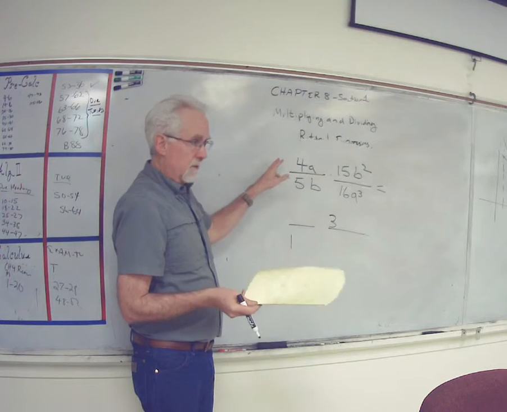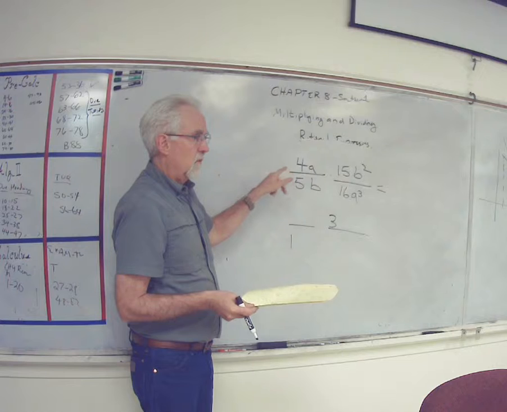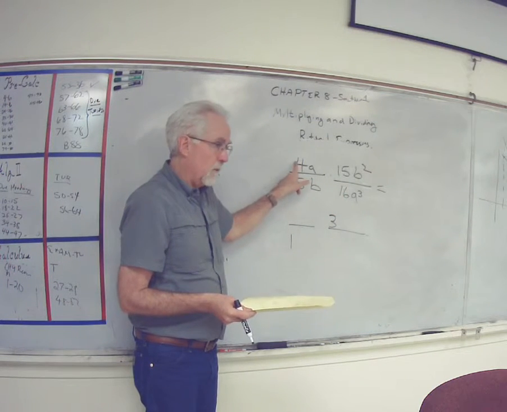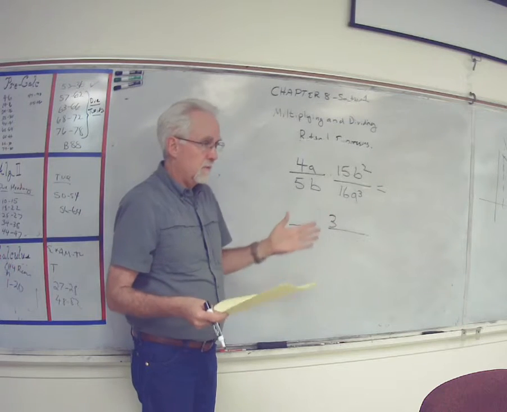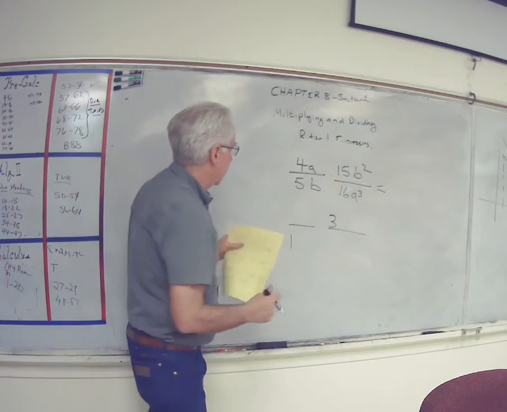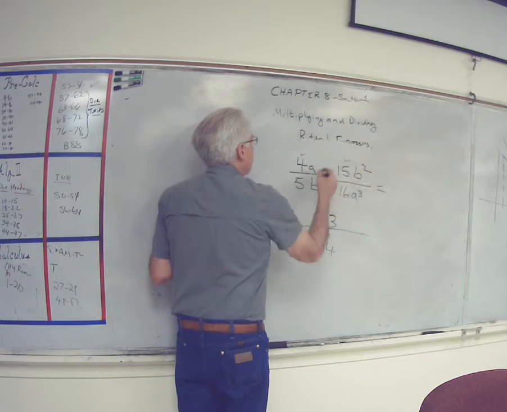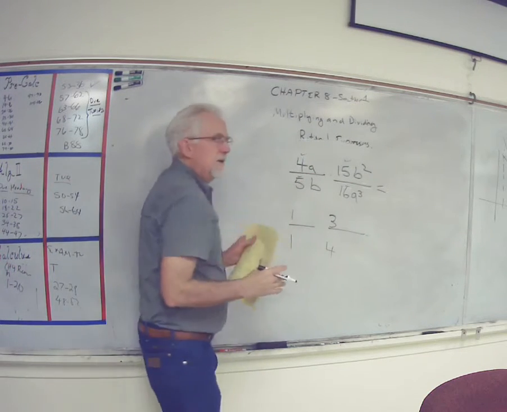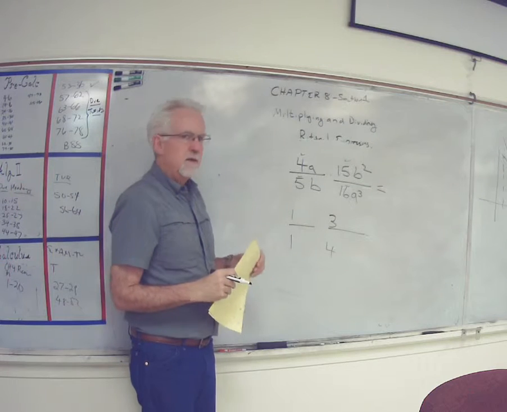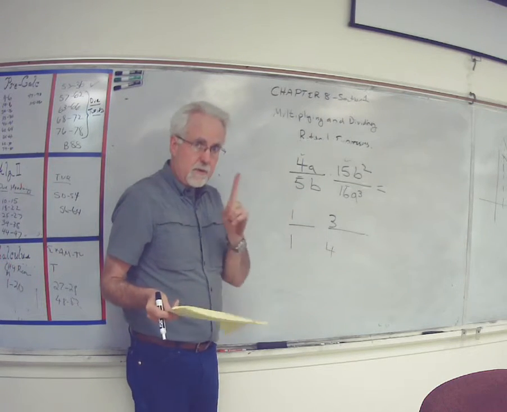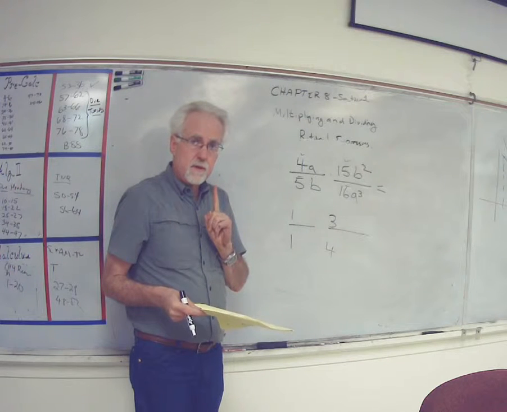Okay, but let's do the numbers first. 4 over 16 becomes what? 1 over 4. You see, take care of the numbers first. We've reduced those. Now what do I need to reduce, Jaden? The a and the b. Okay, well, just tell me one. Which one are we going to reduce?